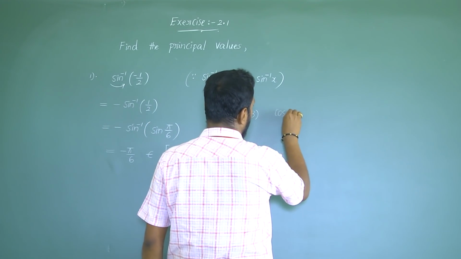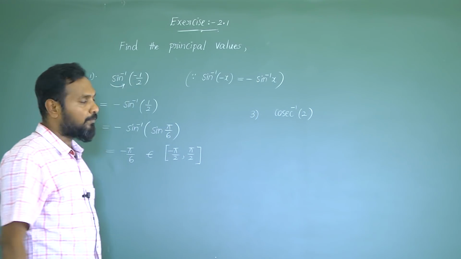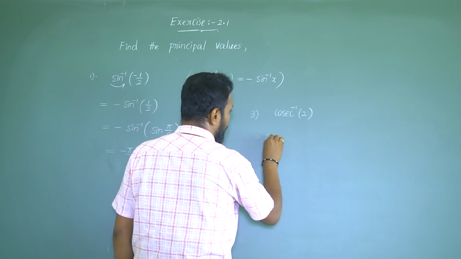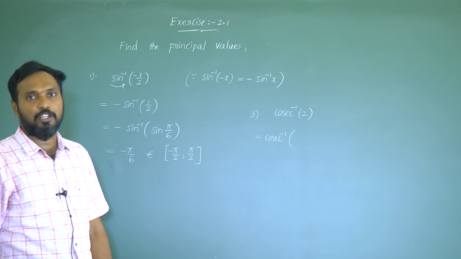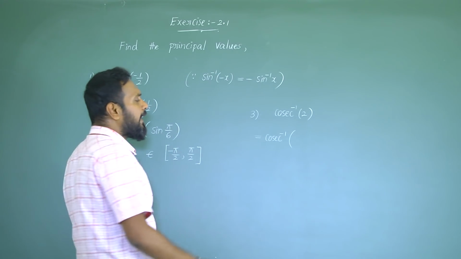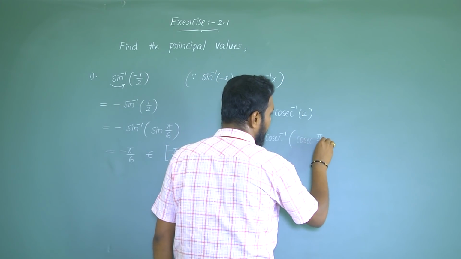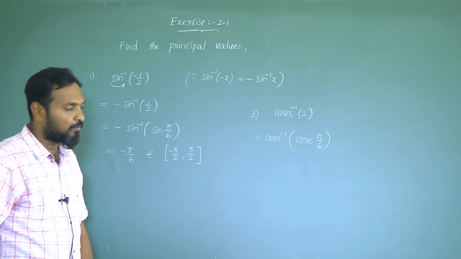Next, in the same way, the third one, cosecant inverse 2. The outside function is cosecant inverse. I need to convert the inside function also in terms of cosecant. How can I write 2 in terms of cosecant function? Cosecant 30 degrees or pi by 6 radians.